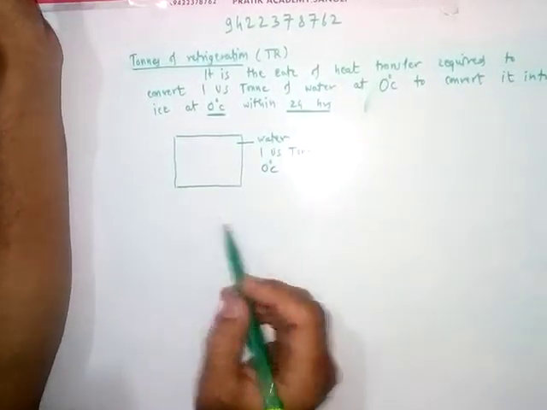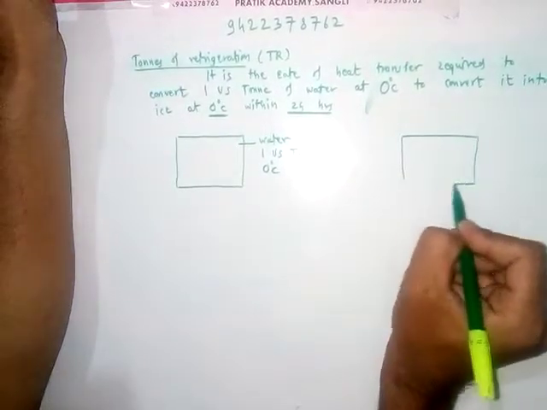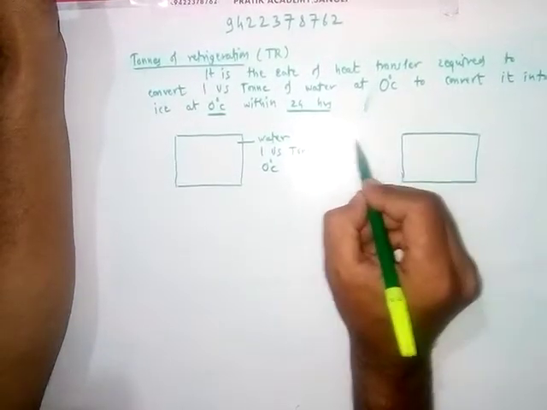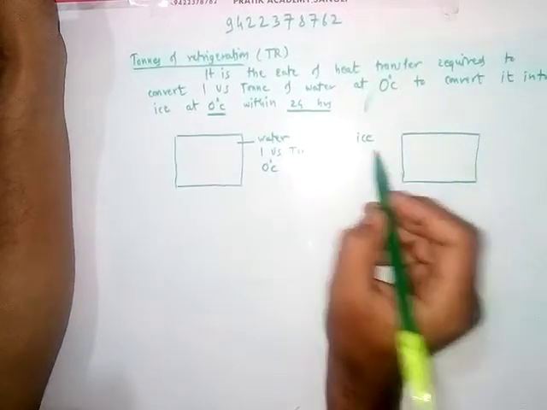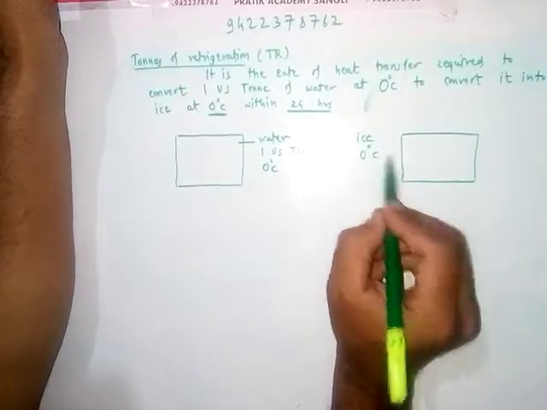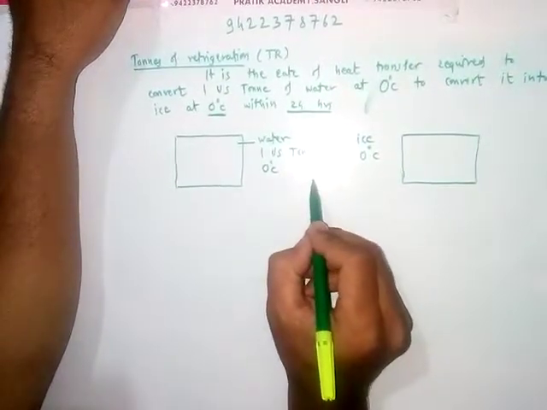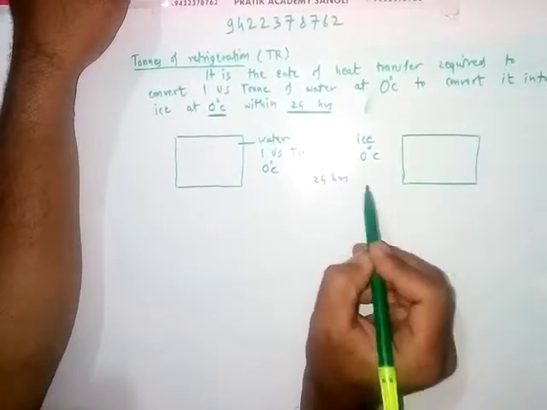Now we have to convert this water into ice. Again, the mass remains the same, we have to maintain its temperature the same, and there is a time limitation: this conversion should take place within 24 hours.